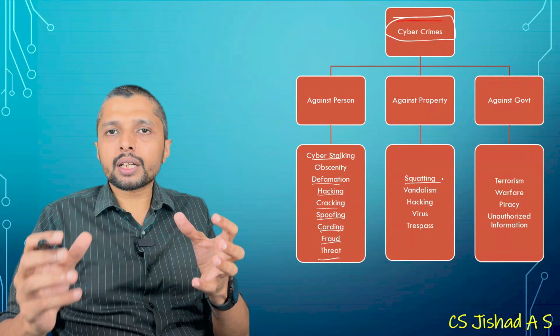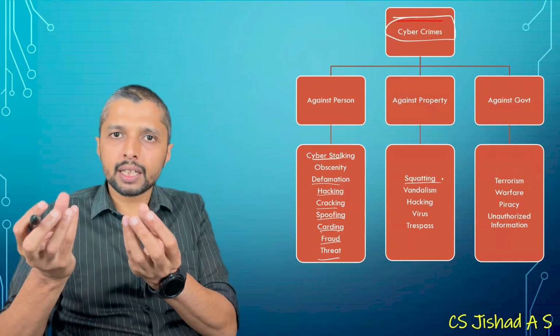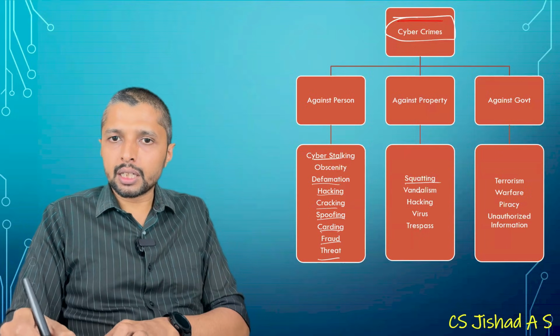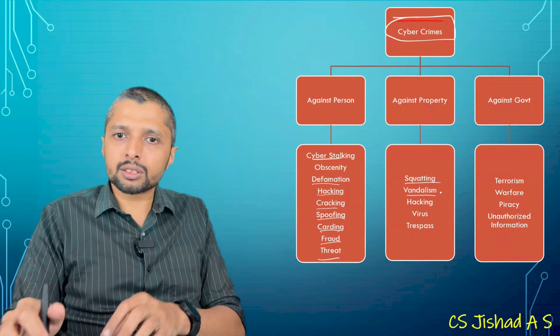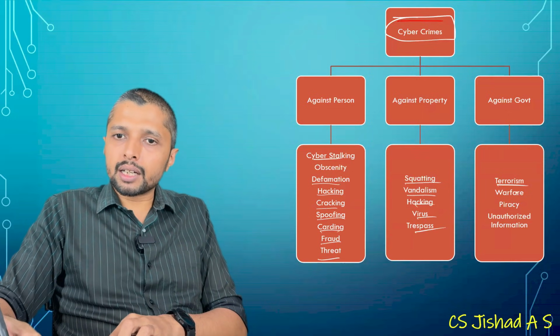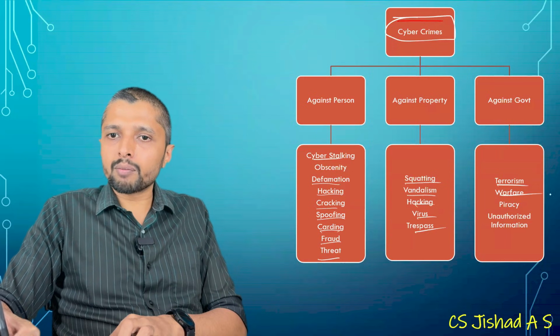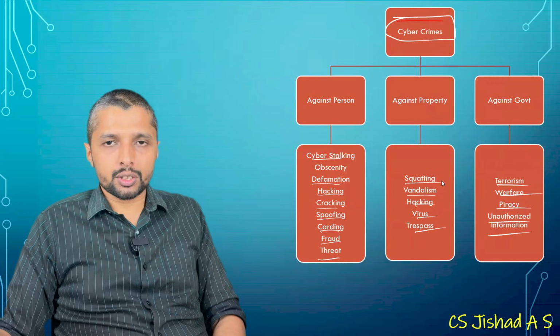Squatting means you are creating an intellectual property website similar to an existing one and you are deceiving another person. Vandalism, an external thing entering your system and destroying the system. Hacking, virus, trespass. Against government: terrorism, warfare, piracy, unauthorized information, etc.